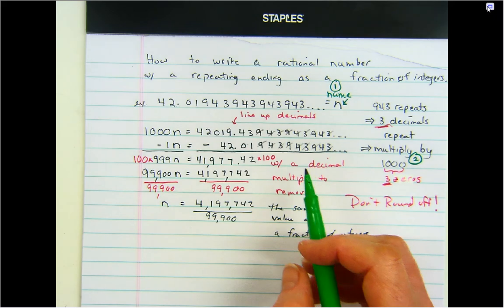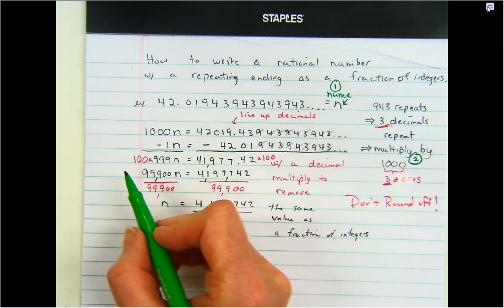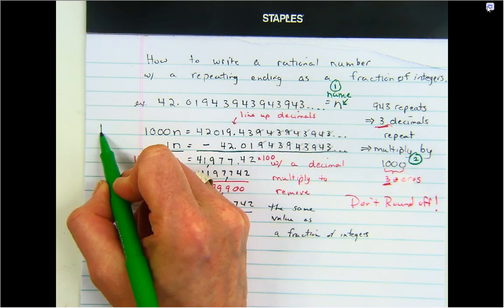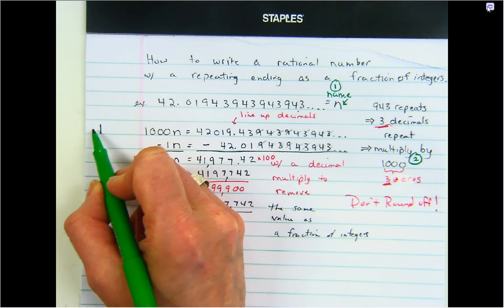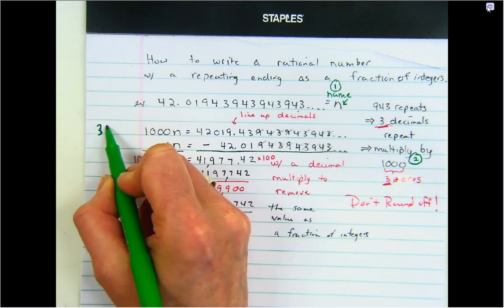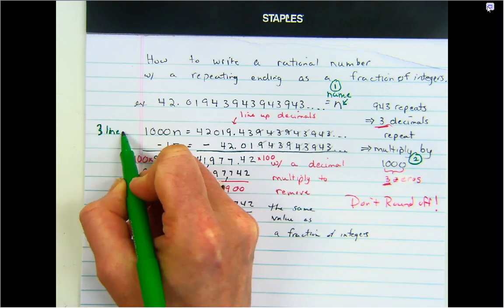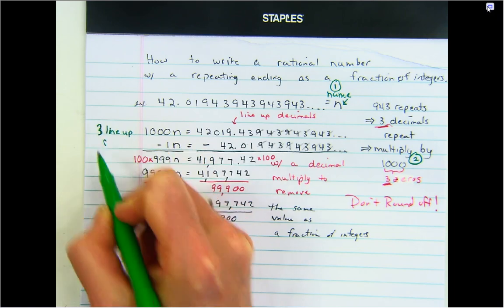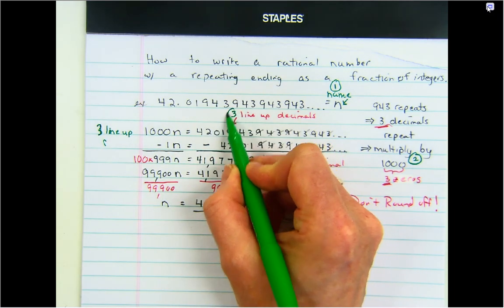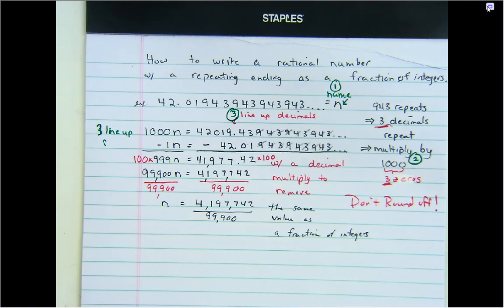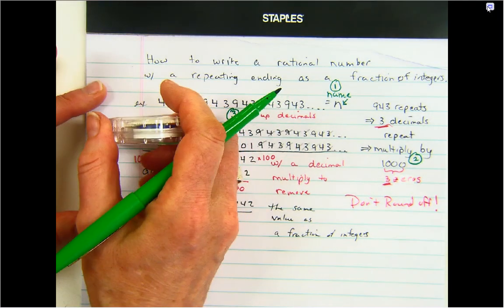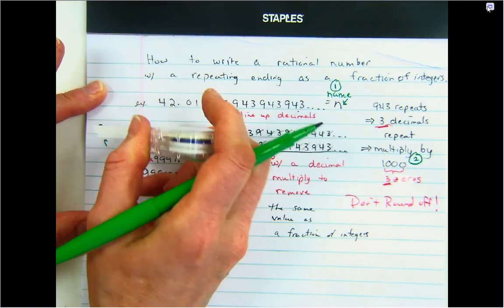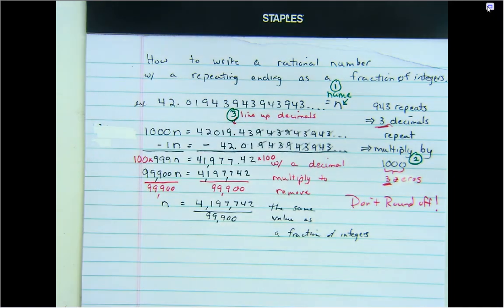So multiply, okay, and then number 3 is to line these up. Maybe we should put the 3 right where you wrote line up the decimals and then call 4 the subtracting, and we don't have to write line up twice. So number 3, line up the decimals.